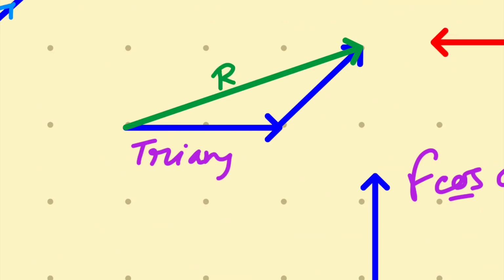The second thing is that we have to make sure the triangle has three pairs of heads and tails. One head-tail pair, which is basically this point right here, where the head of an arrow and the tail of another arrow connect, also called the tip-to-tail method.